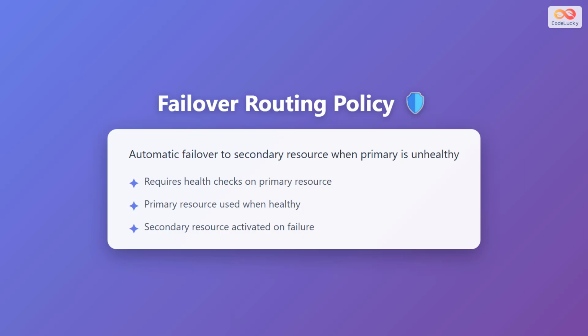However, if the health check detects that the primary resource has failed or become unavailable, Route 53 automatically redirects all traffic to the secondary resource. This ensures your application remains accessible even when failures occur. Health checks are mandatory for the primary resource in this configuration, making automatic failover possible without manual intervention.